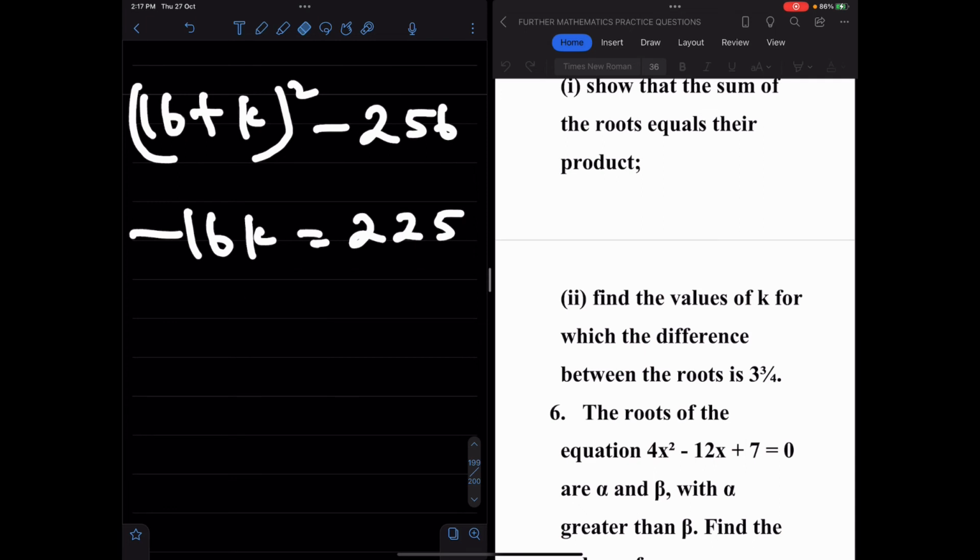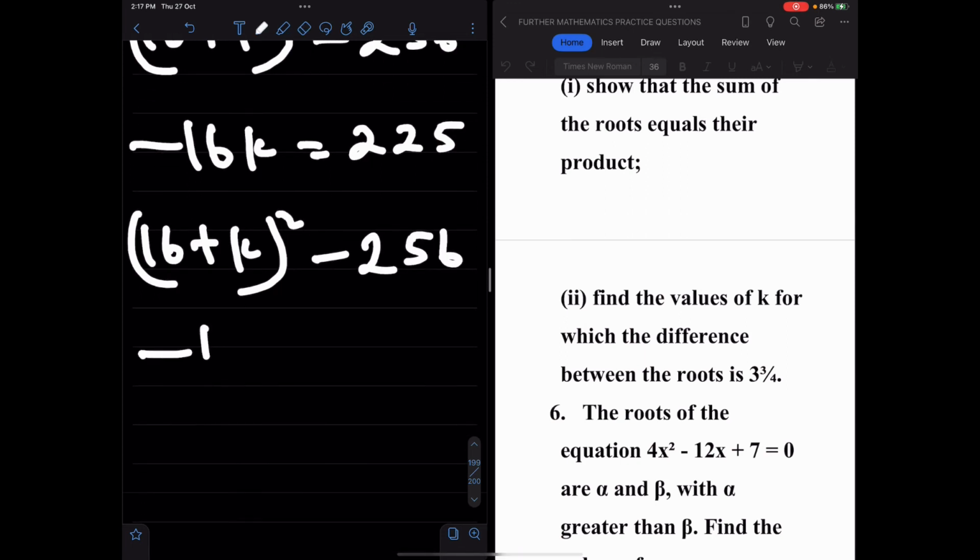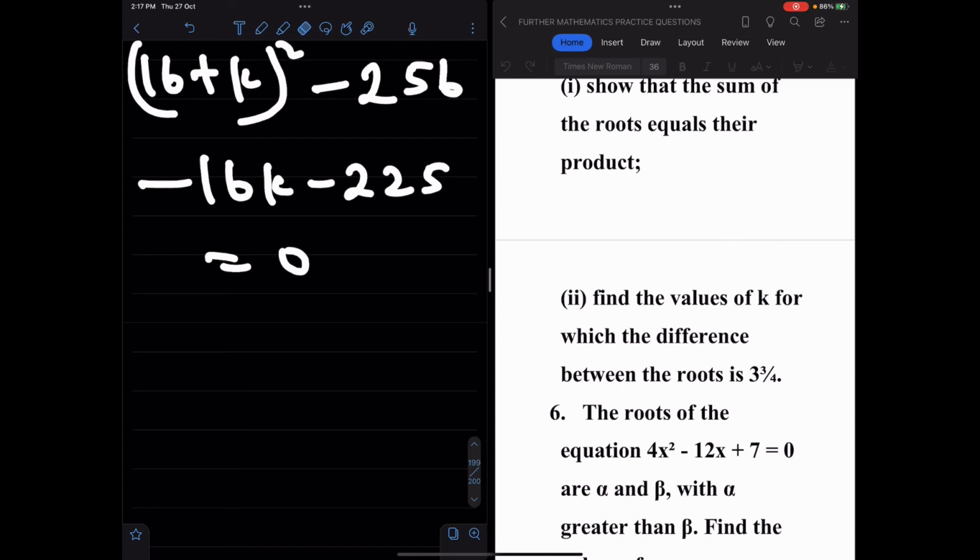And that simply means I can open these brackets now. That simply means 16 plus k all squared minus 256 minus 16k minus 225 equals 0.